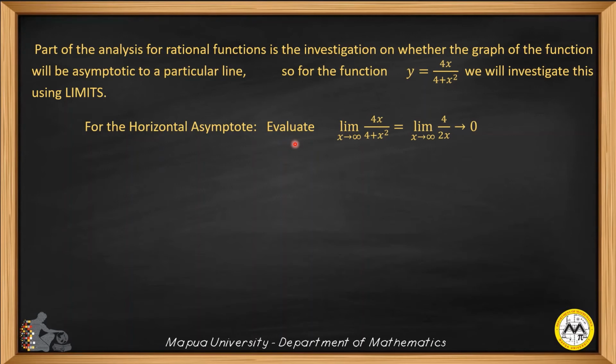Okay, so if we do that here, evaluating the limit of 4x divided by 4 plus x squared as x approaches positive infinity, considering that initial investigation of the limit will result in infinity over infinity, then we can apply L'Hopital's rule to evaluate the limit in terms of the limit of the derivative of the numerator divided by the derivative of the denominator as x approaches positive infinity.